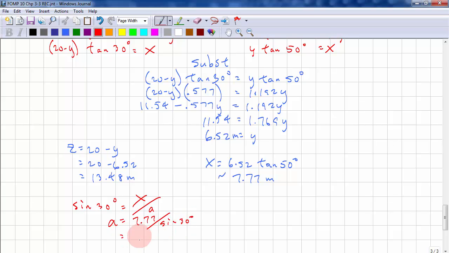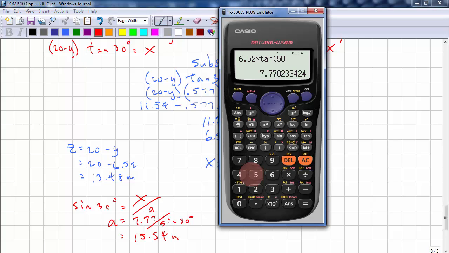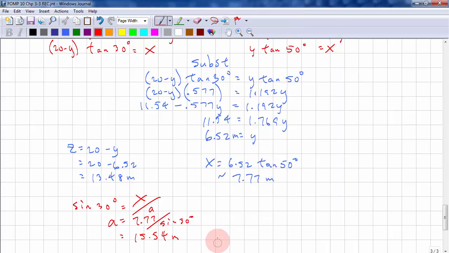So this is 15.54. Verify this on the calculator. Okay, that's good.